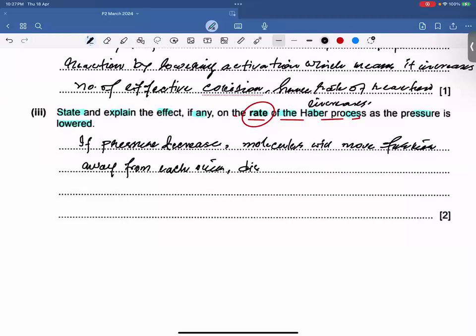Distance between the molecules increases. This weakens attractive forces.